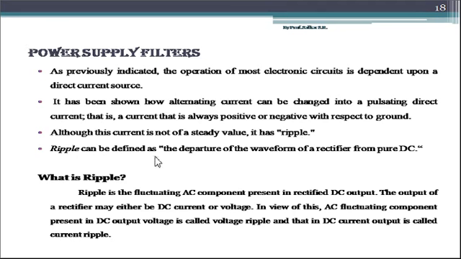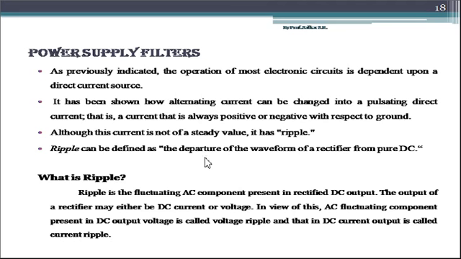Ripple can be defined as the departure of the waveform of a rectifier from pure DC. If you see the waveform of a DC signal, it is a straight line, and if that waveform is departing, that is, moving away from the straight line, up or down, then it naturally becomes AC.